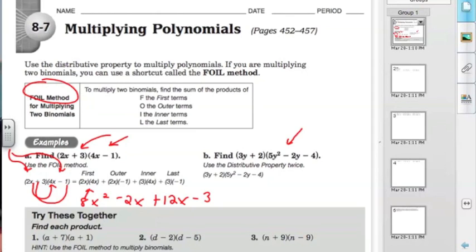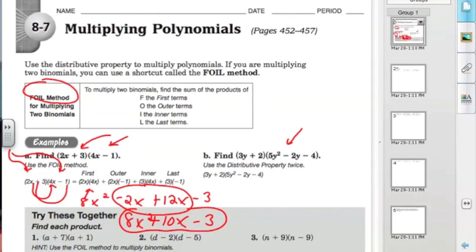Well, the only thing that we have alike, notice they're right here in the center. So basically, they're always going to be right here. Not always, but generally they are. So we have 12x minus 2x, so we end up with plus 10x minus 3, and we have 8x squared at the beginning. So there's your simplified answer.